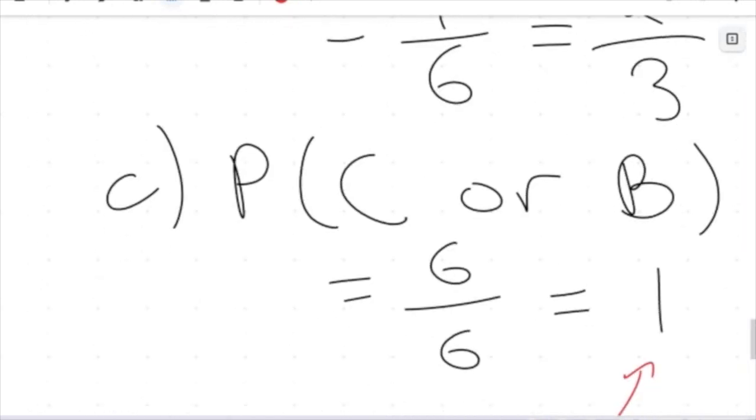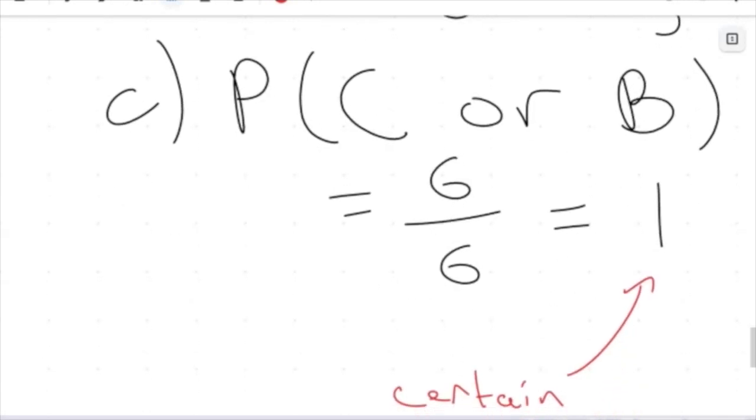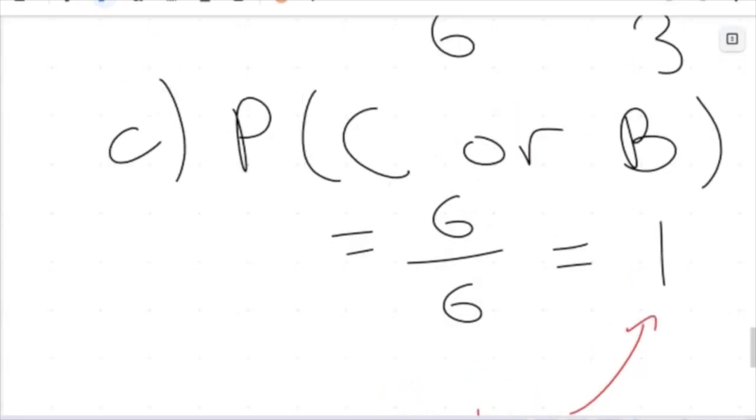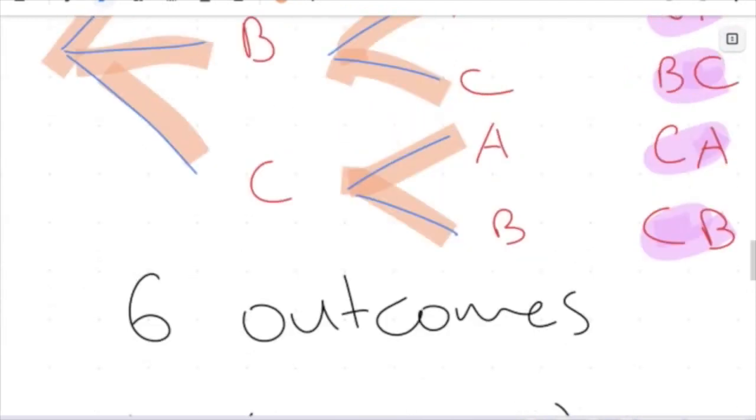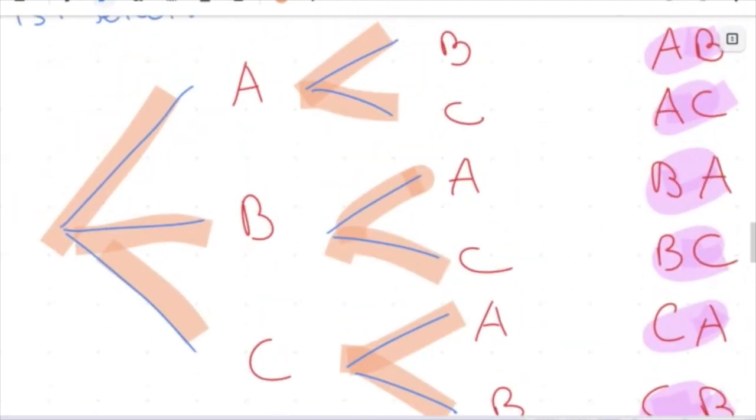But aside from these wordy questions where we have to think about this word "or", as long as we have a nice tree diagram set out, hopefully this video has given you a bit more confidence in approaching these types of tree diagrams, whether we're thinking of with replacement or without replacement.